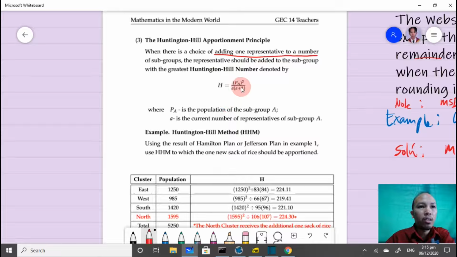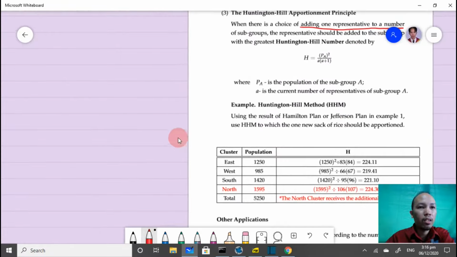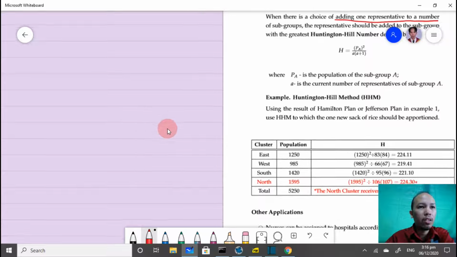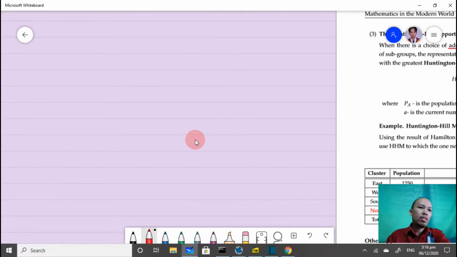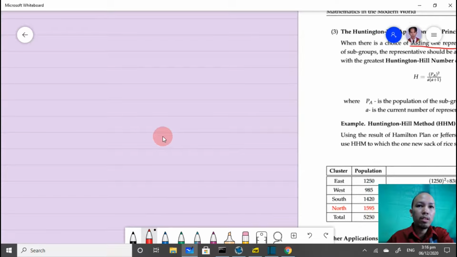So PA is the population of the subgroup A, and a is the current number of representatives of that subgroup, meaning there are already representatives in the given group. In the previous example, instead of computing the relative unfairness, just use this.